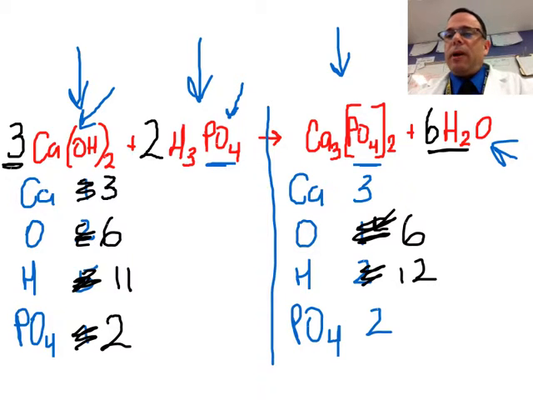And now my phosphates match, but my hydrogens are off. So let's readjust the hydrogens. I have 6 hydrogens from here and an additional 6 from here. Oh, I guess my math was off earlier. It wasn't 11. Now it's 12. Reinspect, everything balances. Good job.